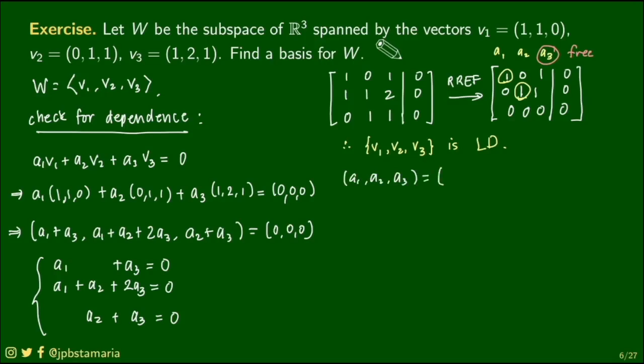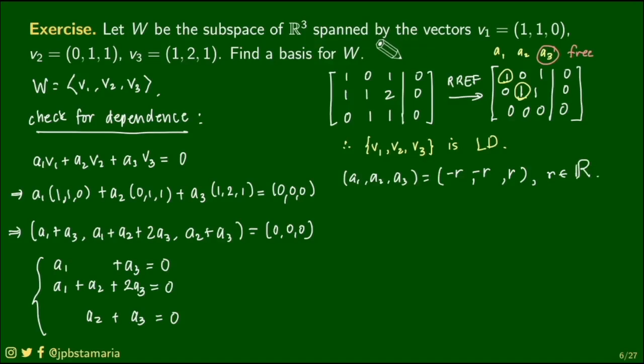Because A3 is free, we can set a value R for it. Using the second equation, A2 plus A3 equals 0, therefore A2 is minus A3, which is minus R. Using the first equation, A1 plus A3 equals 0, therefore A1 is minus A3, also minus R, where R is a real number.